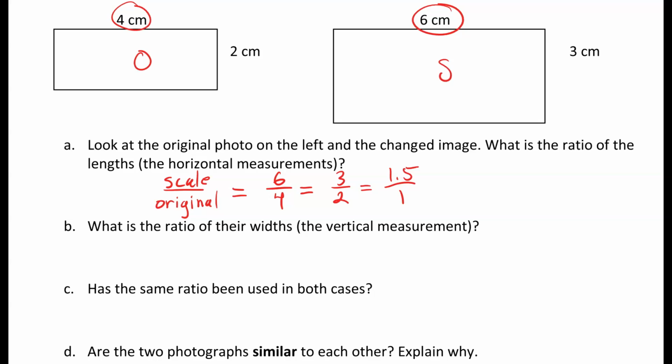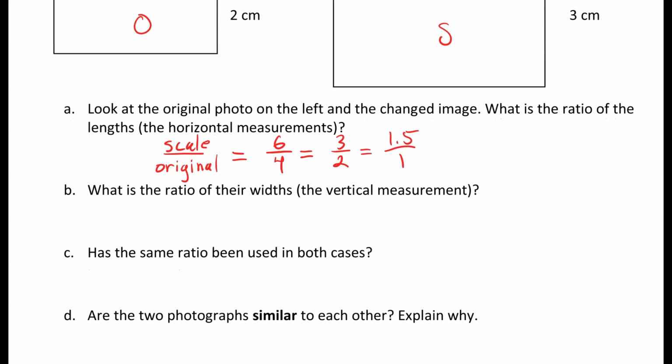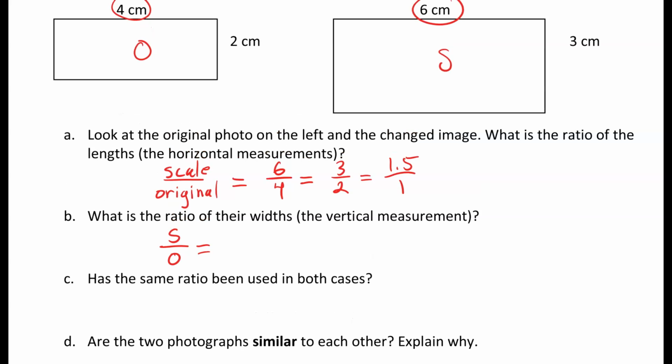If we're looking at our ratio for width, we have our scale over our original, which is going to be 3 over 2, which matches up perfectly. And if we went further, we'd also see that the 1.5 over 1 is the exact same as well.